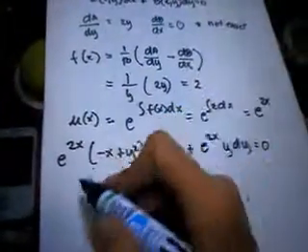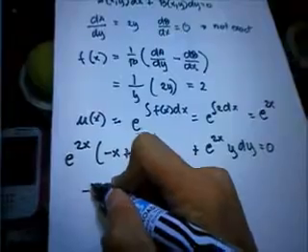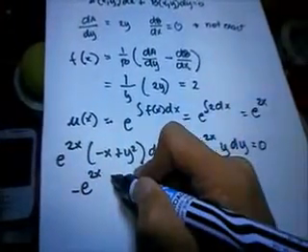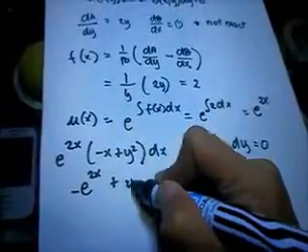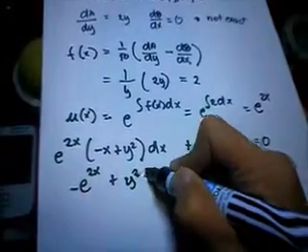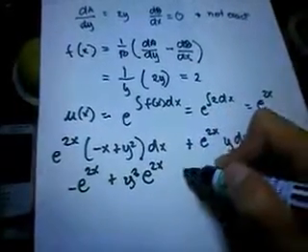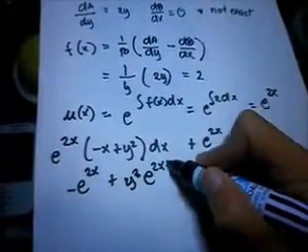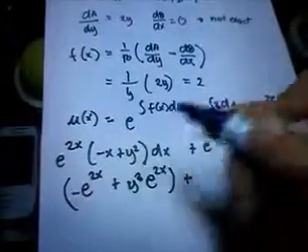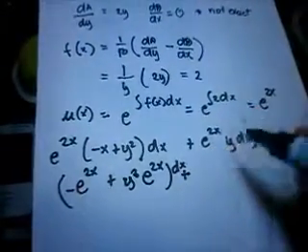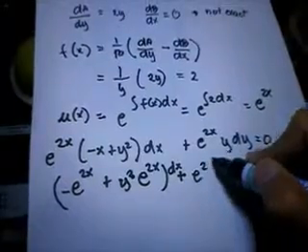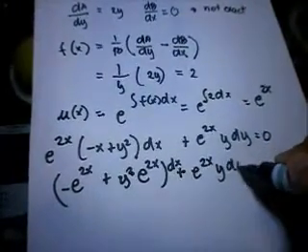And we get negative e to the 2x times x plus y squared e to the 2x dx plus e to the 2x y dy.